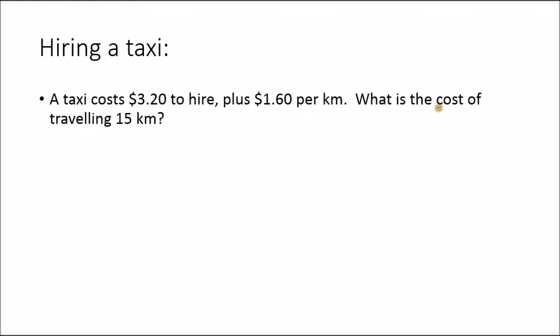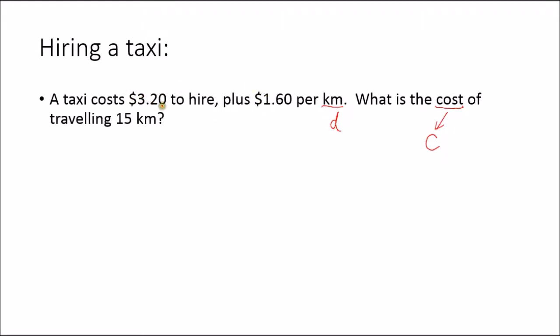The cost in this equation is obviously what we're trying to find. So this is the answer here. So I'm going to just call that C. Now the number of kilometres is another variable, because in the question we're asking what it would cost to travel 15 kilometres. I'm going to call this D for distance, because that's a sensible name for it.